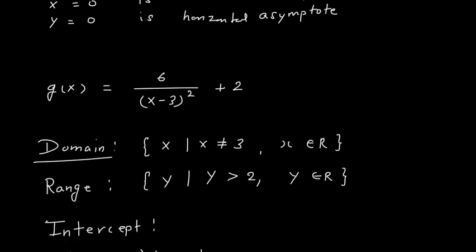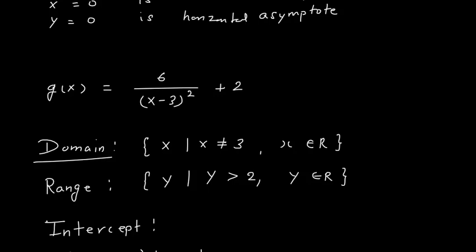Now the second function is 6 divided by (x minus 3) the whole square plus 2. So here in this function, again we can say that 1 upon x square is a base function, and this is a transformation of that particular function. Now here x cannot take value 3, so I will say that my domain is all x except x equal to 3.